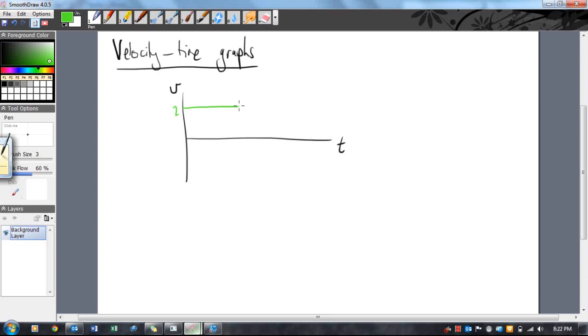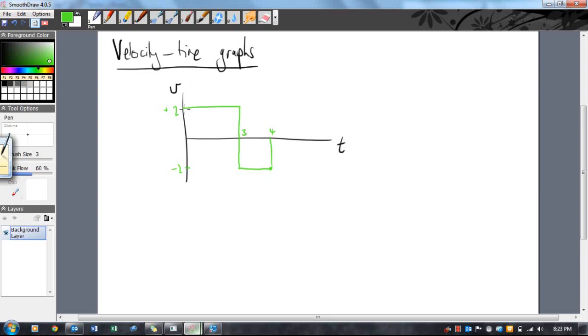If I stop walking and start traveling back in the opposite direction at 2 meters per second, so -2, let's have a think about what's going on here. Let's say that's for 3 seconds, and that's after 1 more second.